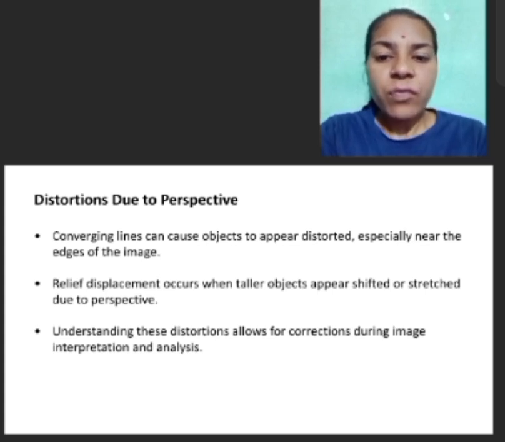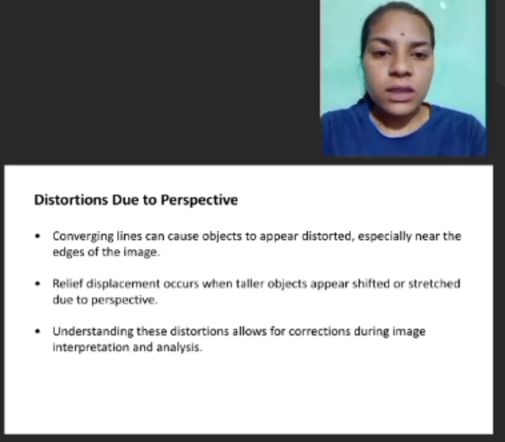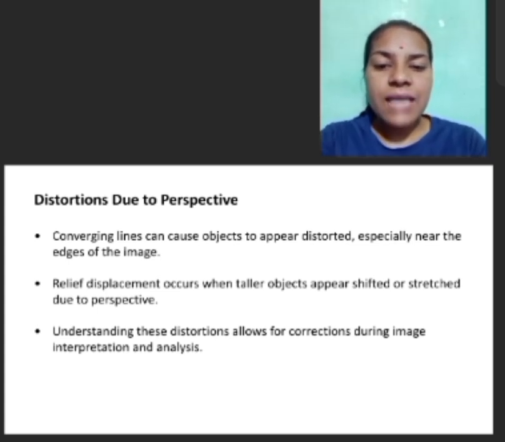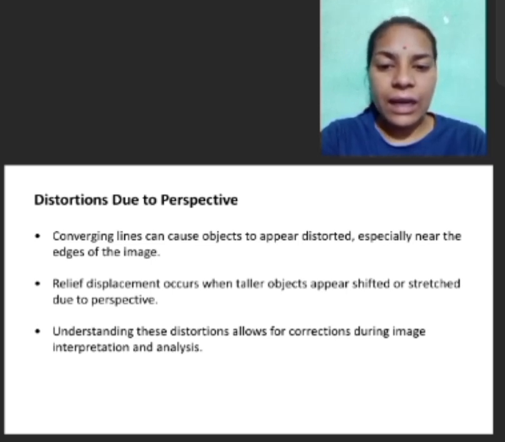Second point, relief displacement occurs when taller objects appear shifted or stretched due to perspective. Third point, understanding these distortions allows for corrections during image interpretation and analysis.